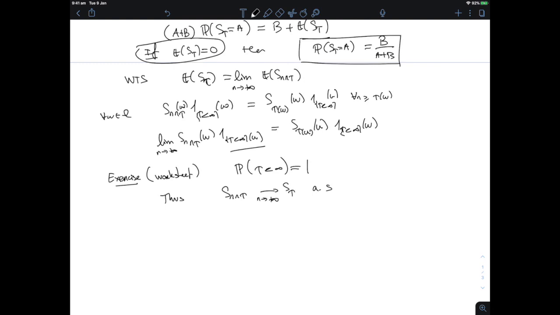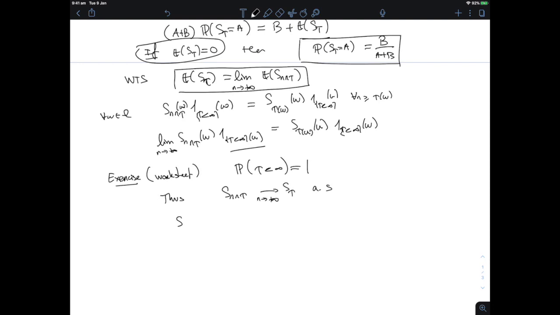I want to upgrade that to get the convergence of the expectation, or put in a different way, to be able to exchange this limit and this expectation. The dominated convergence theorem is a very good way to do that. And why do I have domination?